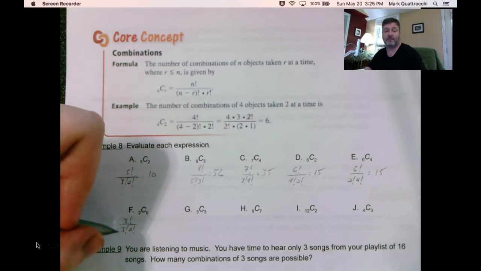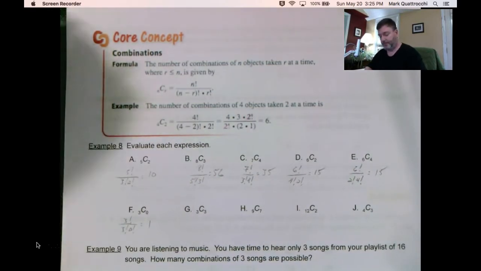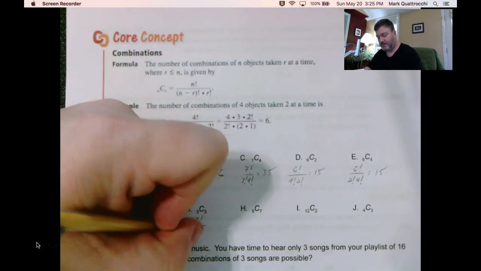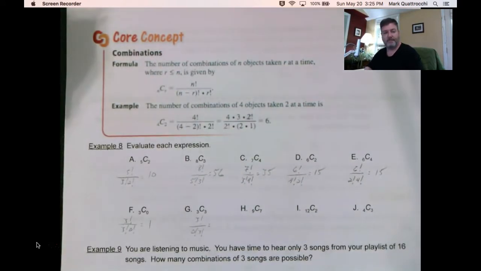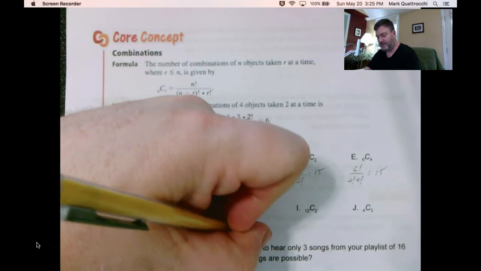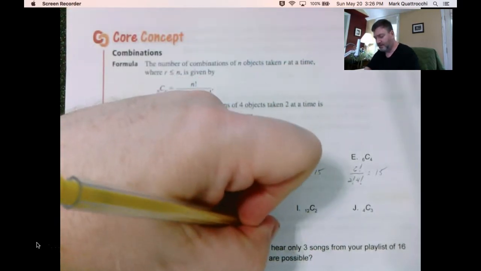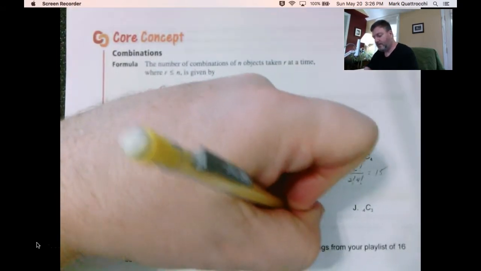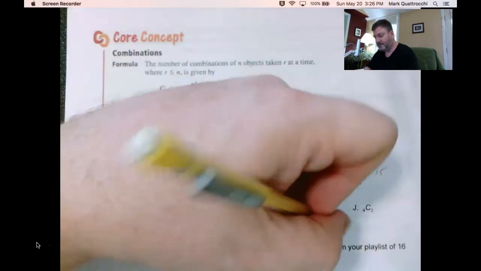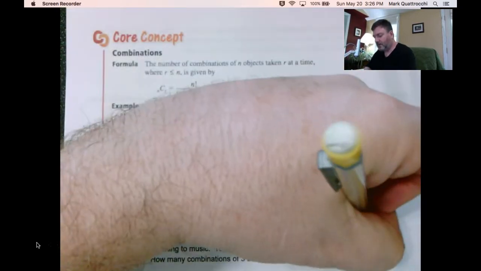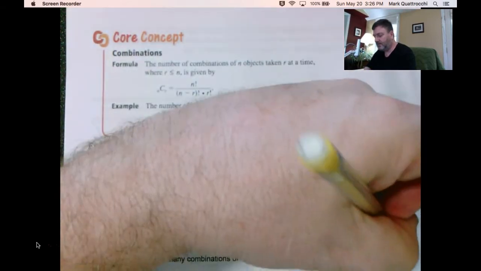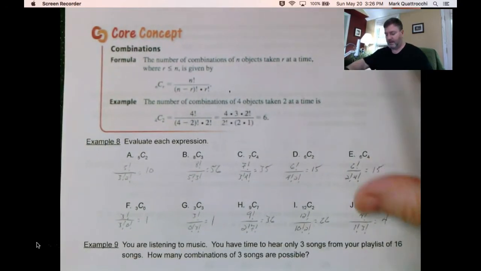So this is really 3 factorial over 3 factorial, which is 1. 3C3, 3 factorial over 0 factorial 3 factorial, and again, we get 1. 9 factorial over 2 factorial 7 factorial gives us 36. 12 factorial over 10 factorial 2 factorial gives us 66. 4 factorial over 1 factorial 3 factorial is 4. That's example 8.